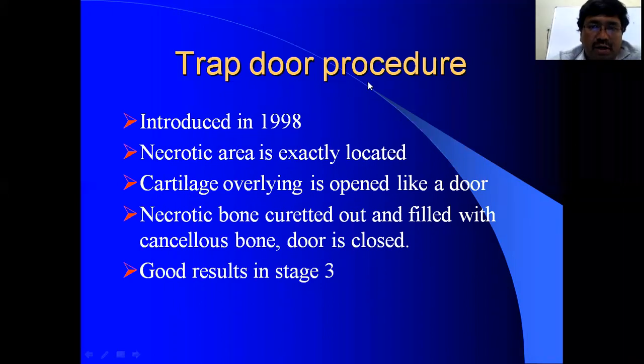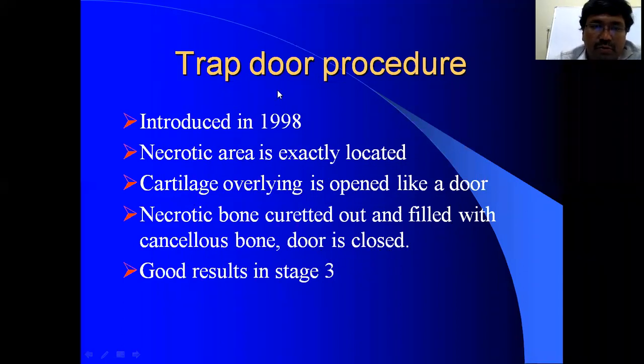Another procedure is the trapdoor procedure, where the necrotic area is exactly located, and only the cartilage over the necrotic area is opened, like a door. Necrotic bone is removed and it is filled with cancellous bone. Again the door is closed and sutured.